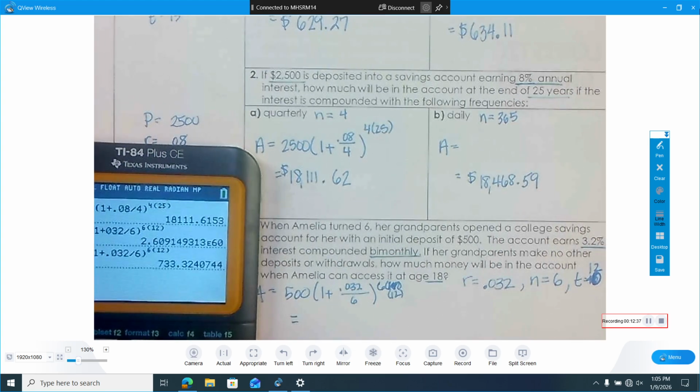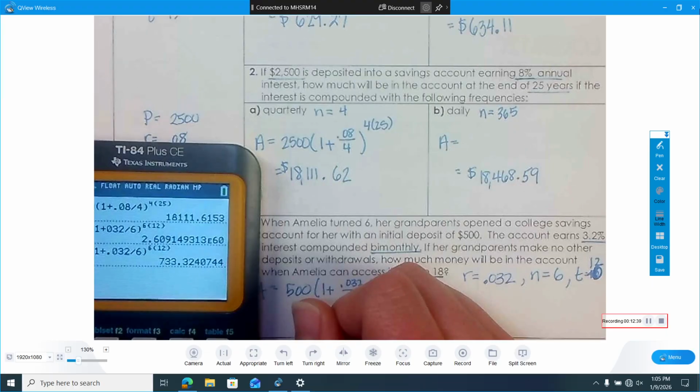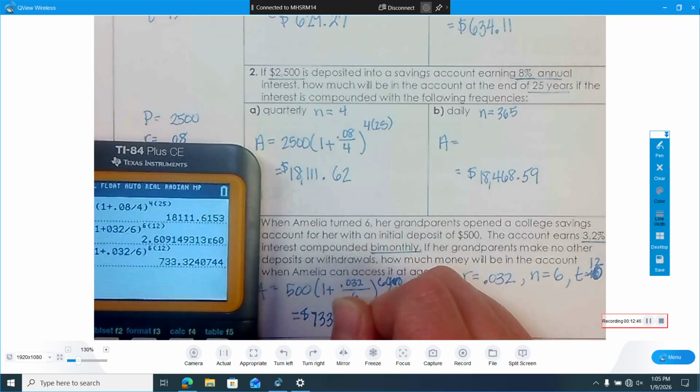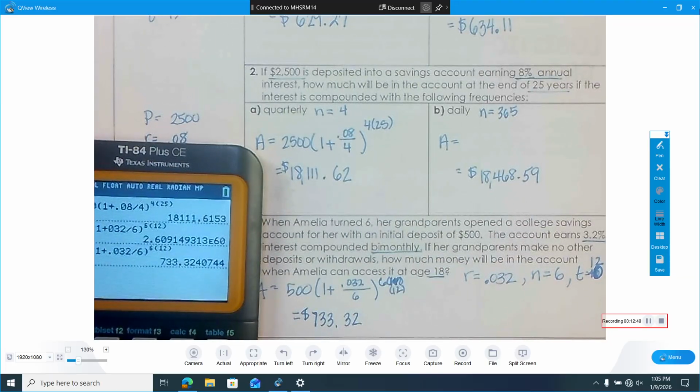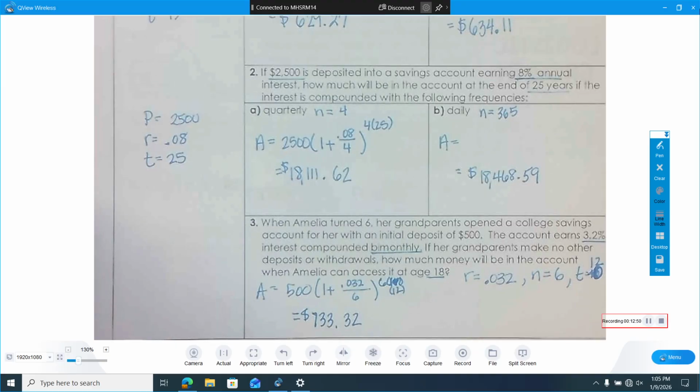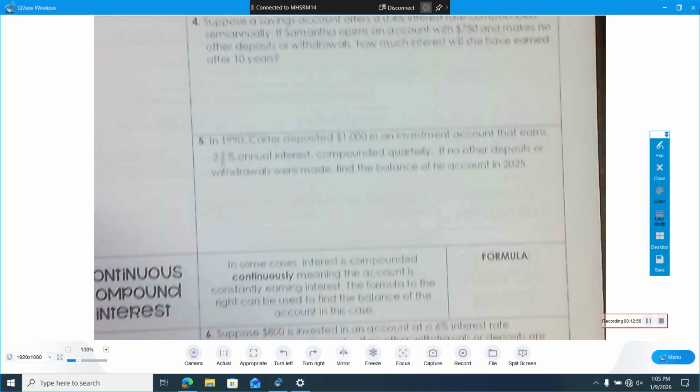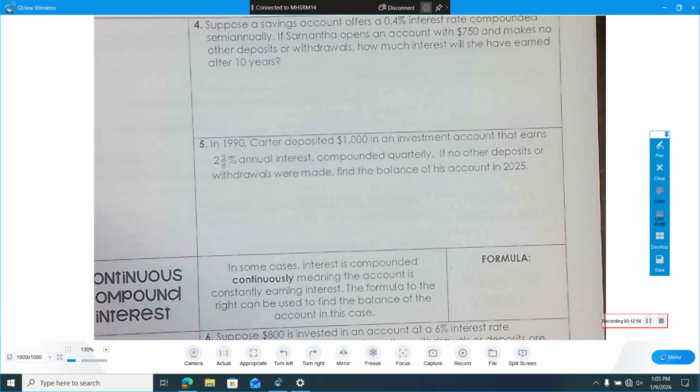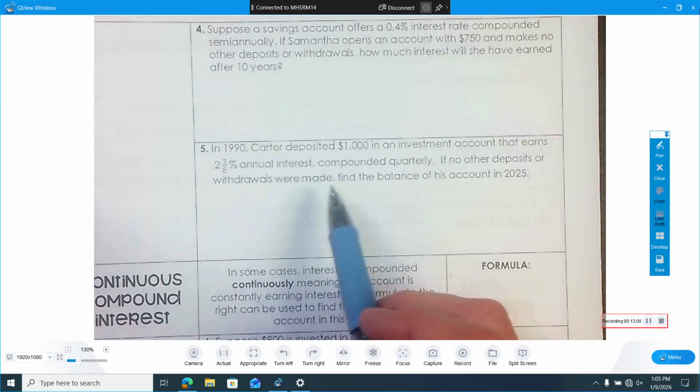There we go. That's better. All right, we get $733.32. All right. Interesting. Okay. I'm feeling okay about this. Are you guys feeling okay about this? Yeah.